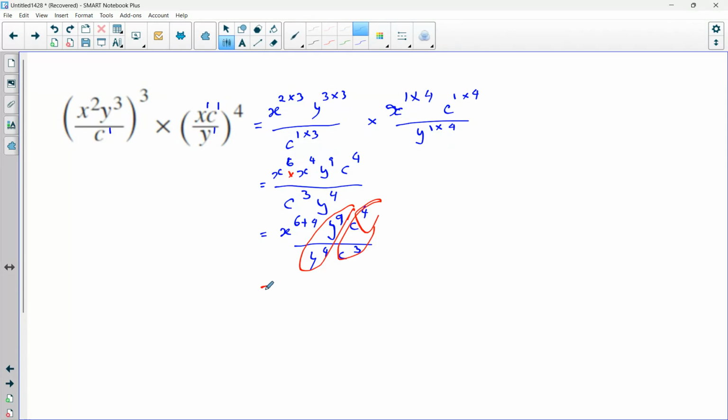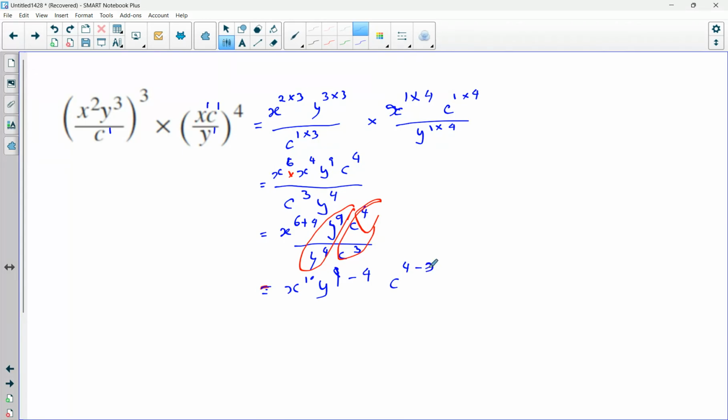So all of this would equal, with the x's, x would become 10, y would be 9 take 4, and c would be 4 take 3.